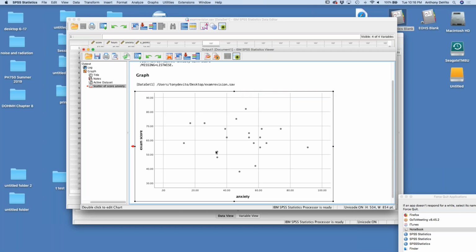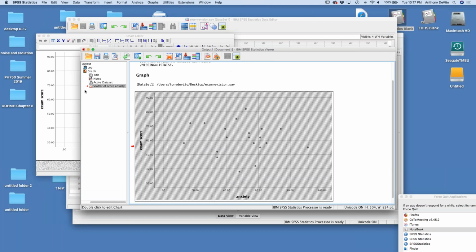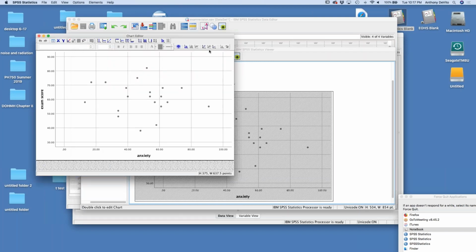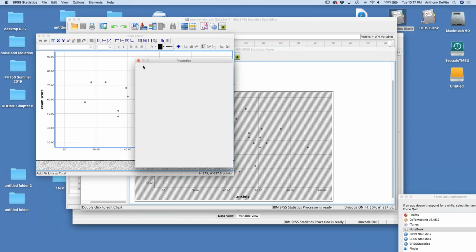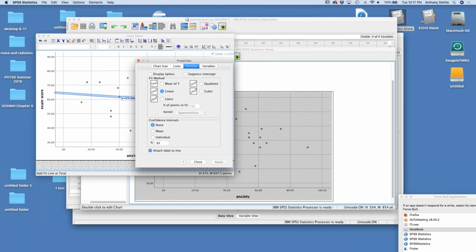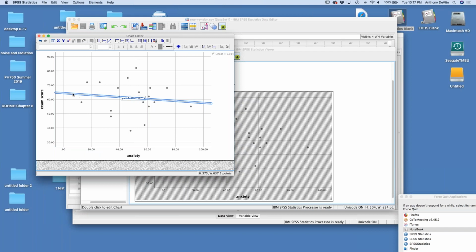Now let's double click on this draw line and see if it comes up with a line for us. Yeah, well, it doesn't look like much, right? Now notice that a flat horizontal line is an R value of 0.